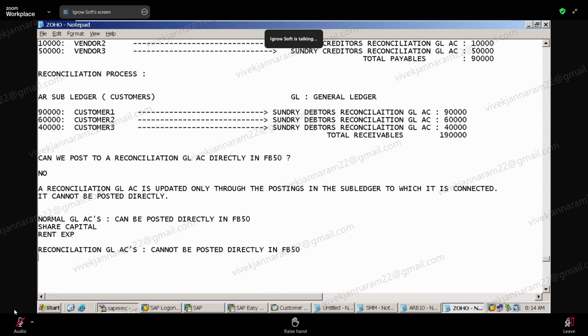What are these reconciliation GL accounts? Like sundry debtors, sundry creditors. There are some accounts which we mark as reconciliation accounts. They cannot be posted directly. In account creation, FS00, I will show.